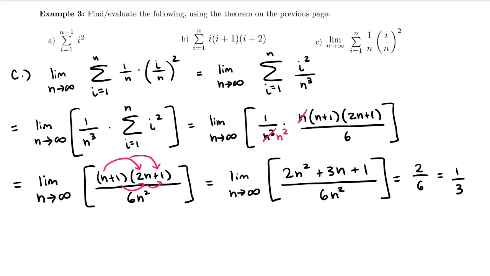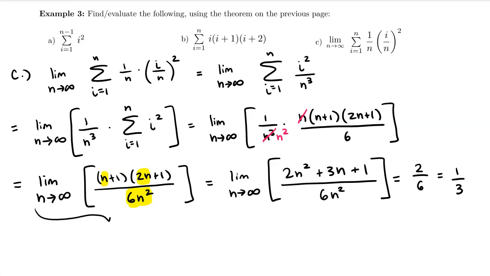But could we have done that without multiplying out the numerator? So coming back here, I know that because I have an n here and a 2n here, the degree of my numerator is going to be 2. So the first term is going to be 2n squared, and I know that I have 6n squared in the denominator.